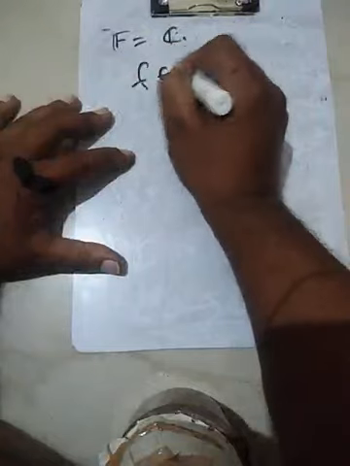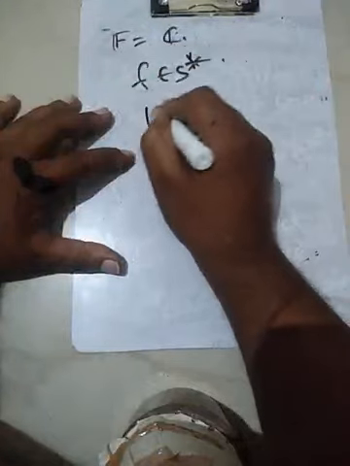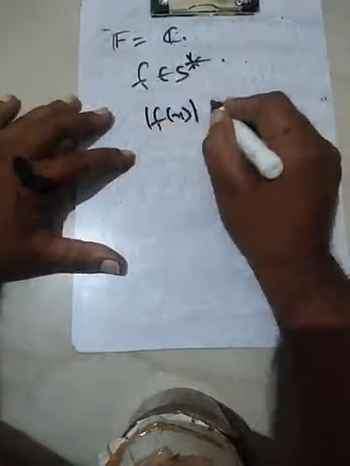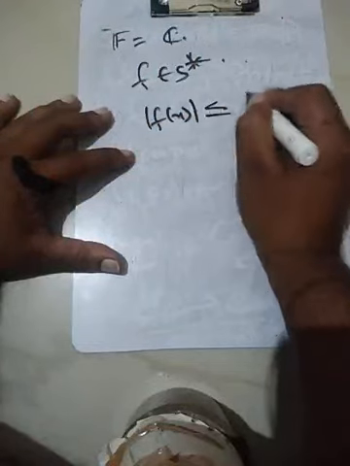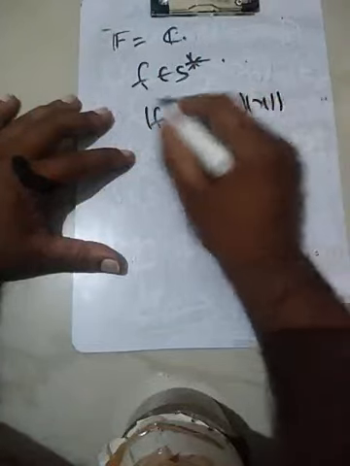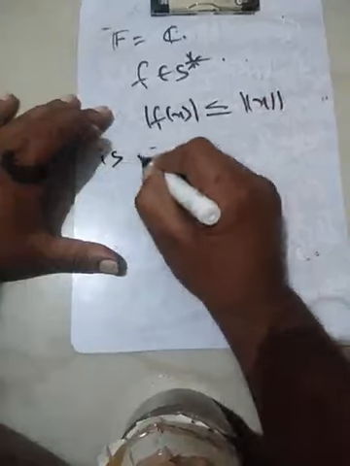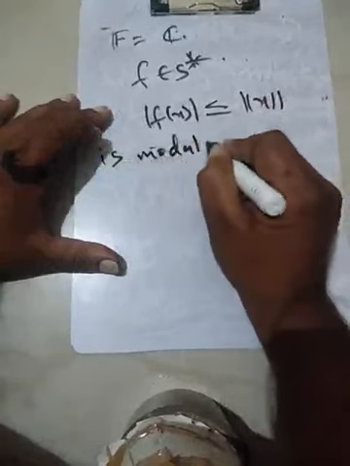If our field is the set of complex numbers, then f belonging to S star would imply that mod of f of x is less than or equal to norm of x.